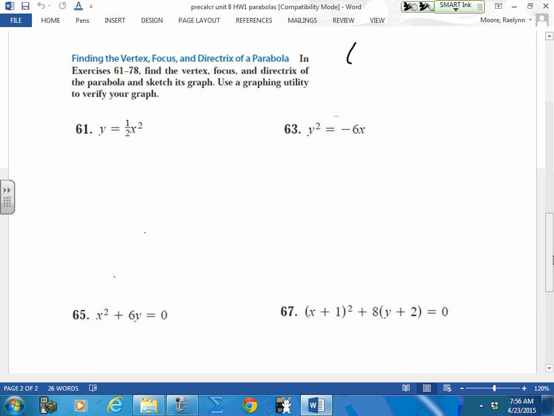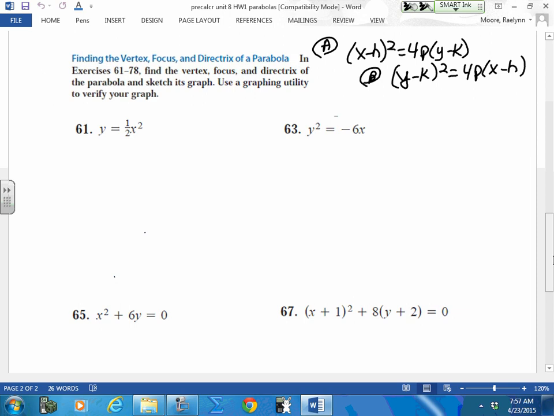So we're going to keep track of our formats again. Let's call this A, let's call this B. Which format are we using, A or B? A, because it has the x squared.